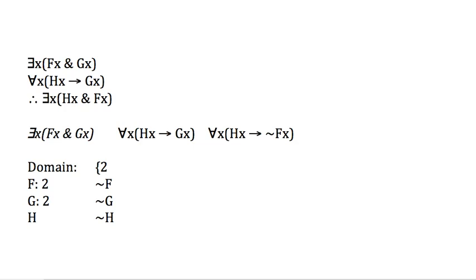If the number 2 is the only thing in our domain and that thing is a G, then this formula would come out true. That is to say, this sentence would come out true because this description fits the number 2. Since the number 2 is a G, it's true that if it's an H, then it's a G. If the number 2 is all we have in the domain, then this universal sentence would come out true.